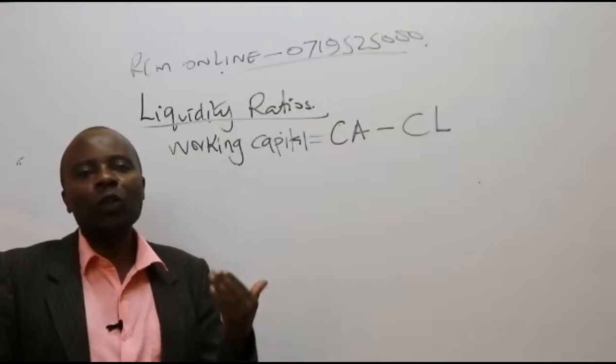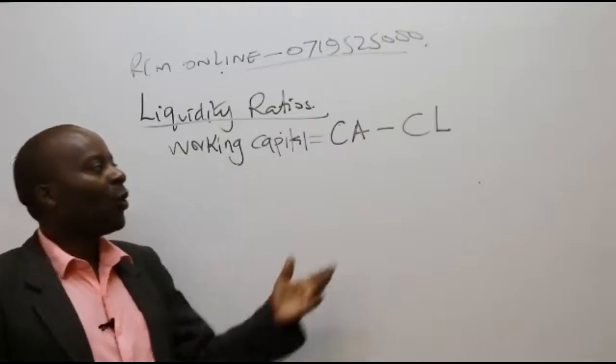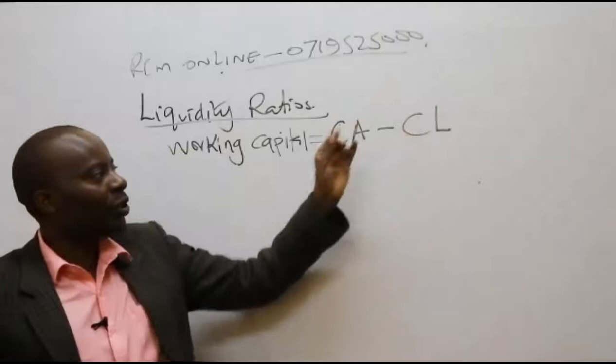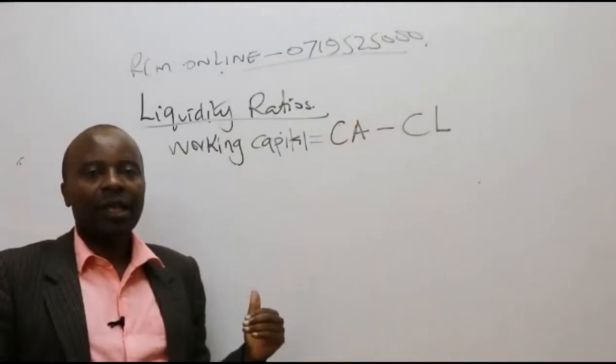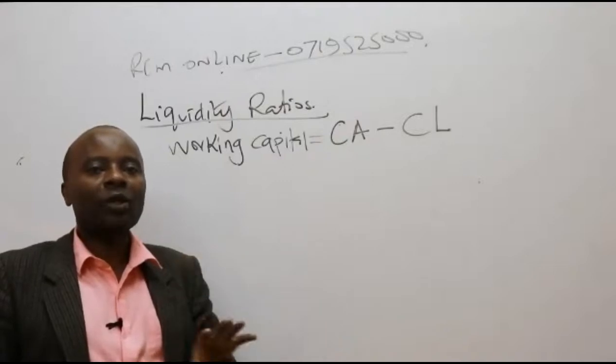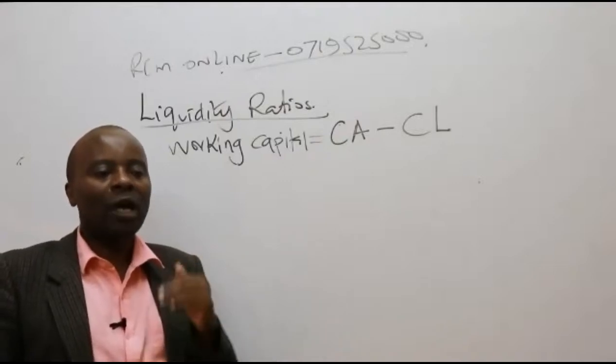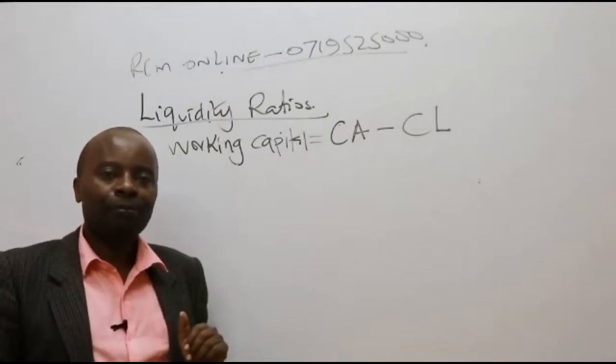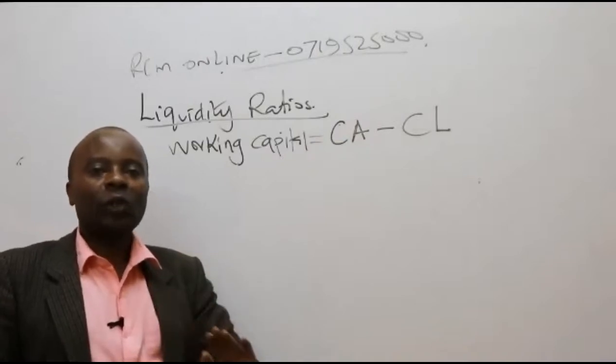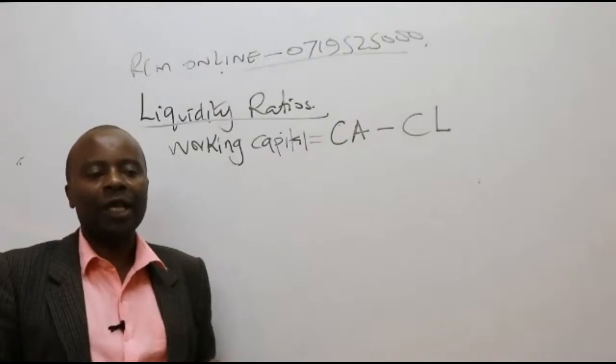That is only possible when the current liabilities are higher than the current assets. Any organization that works with a negative working capital, ladies and gentlemen, is a firm with liquidity issues.